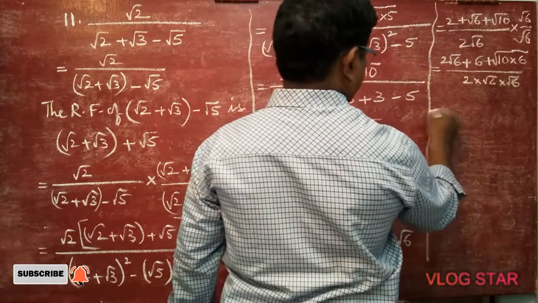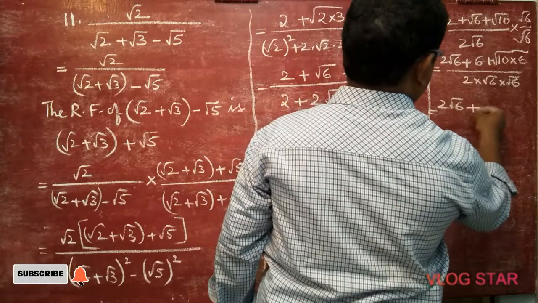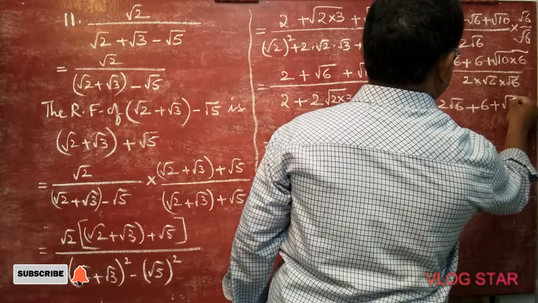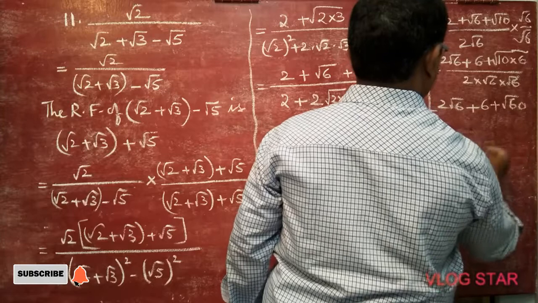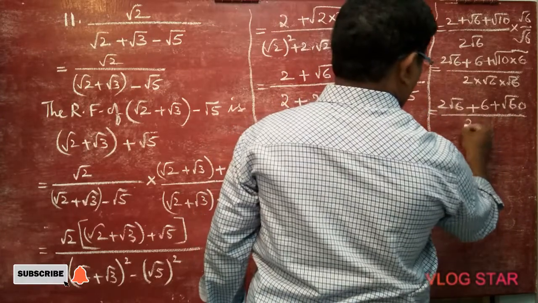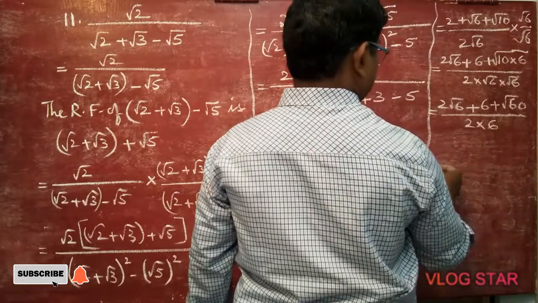Denominator you are multiplying: 2 root 6 plus 6 plus root 60. Here 60 came by 2 into root 6 into root 6 is 6.